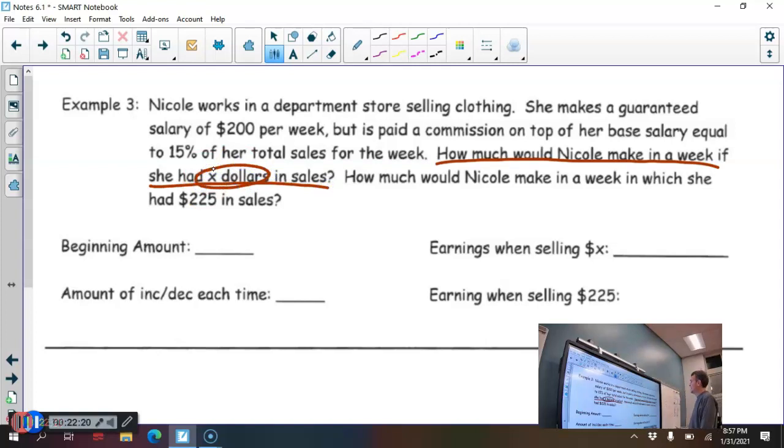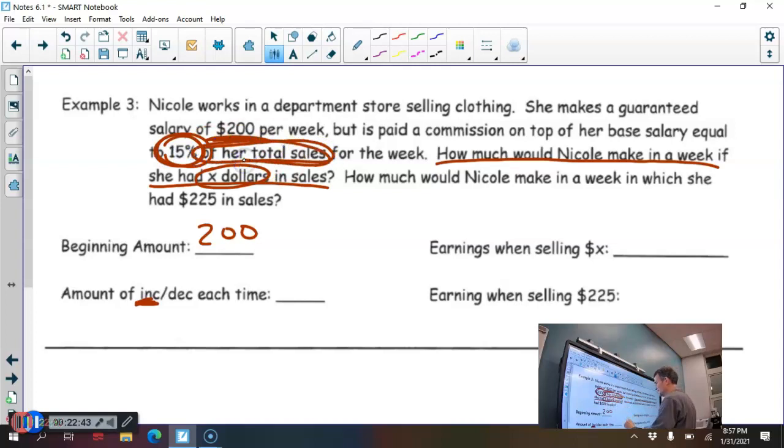All right, so the beginning amount, she makes $200. That's the beginning amount. She always makes $200. Plus, she could make some more. How much can she increase? Now, this is a tricky one in this case. She increases by 15% of her total sales.